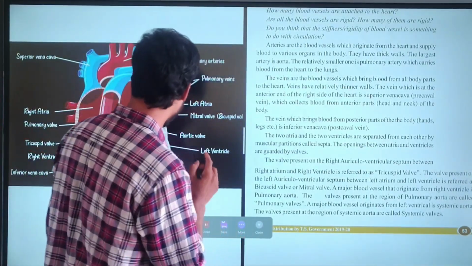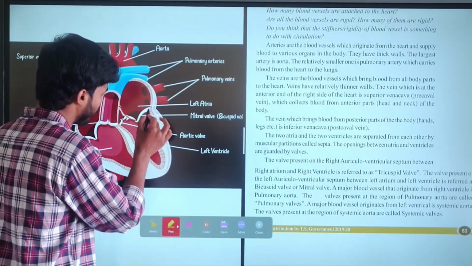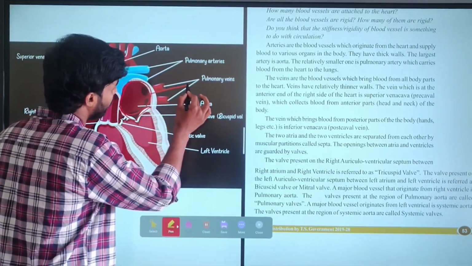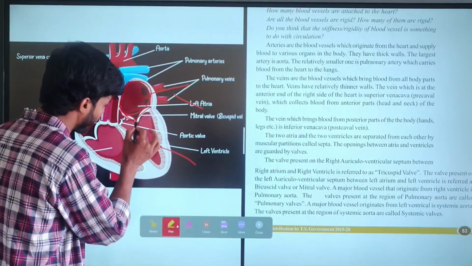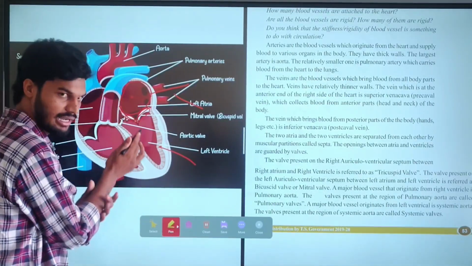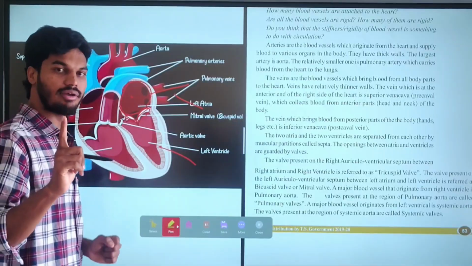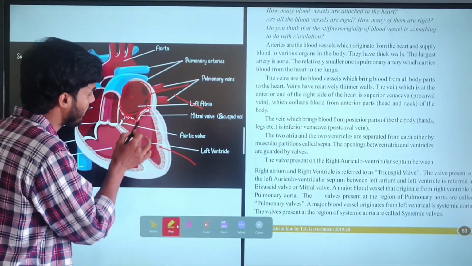Next, the guarded opening between the left atrium and left ventricle.